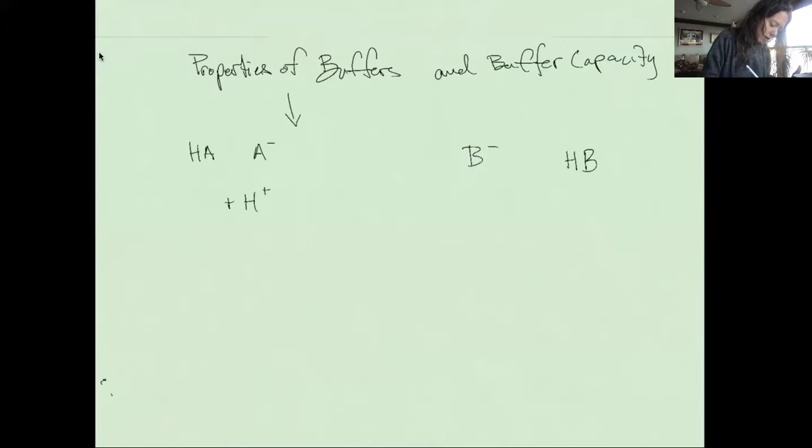The conjugate base will absorb that acid, and we will not see an increase. We have a very small decrease in our pH because the hydrogen ions that are added to the solution are picked up by the conjugate base to form the weak acid.